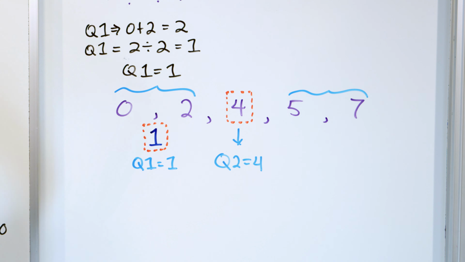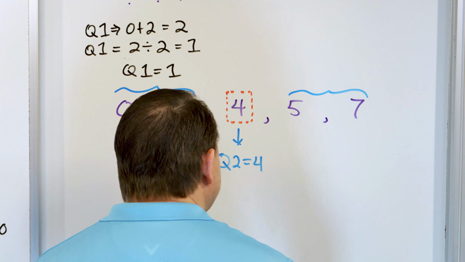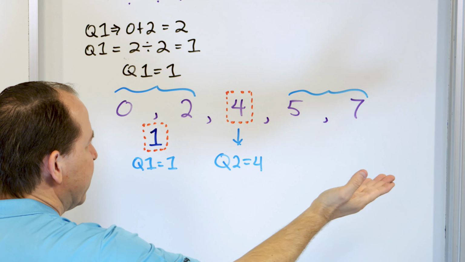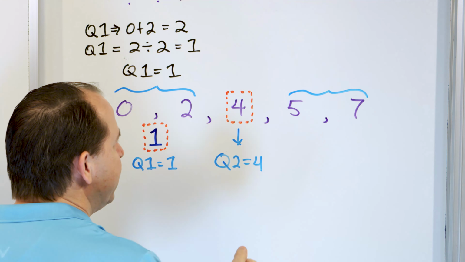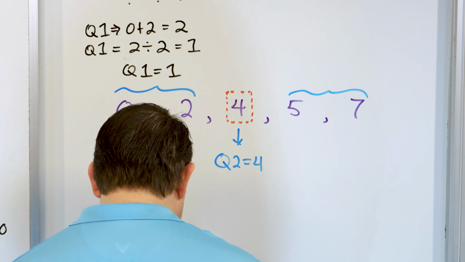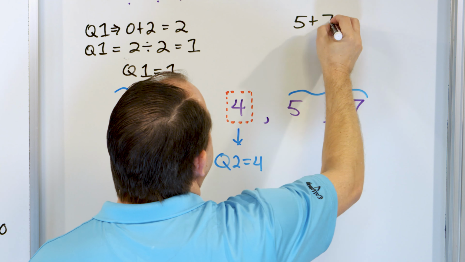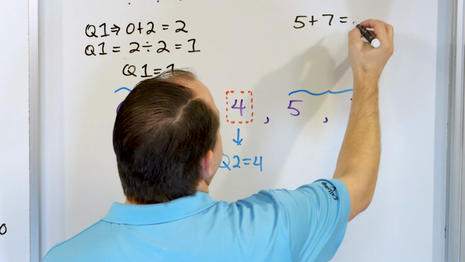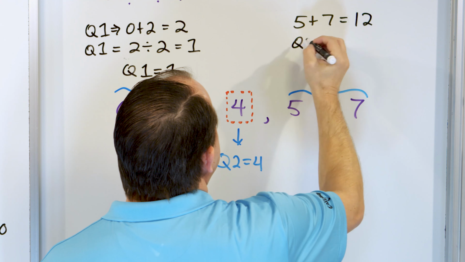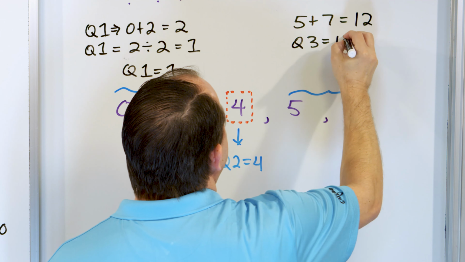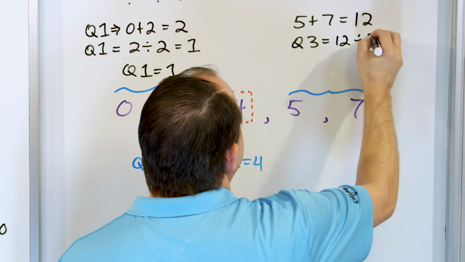All right, let's do the exact same thing over here. What is between 5 and 7? When you average them, that's what you're going to get. You know 6 has to be exactly in the middle of 5 and 7, so that's going to be the answer. But the way you really do it is you say, what is 5 plus 7? That's going to be 12. And then you say that Q3 is equal to 12 divided by 2, because we're averaging 2 numbers.